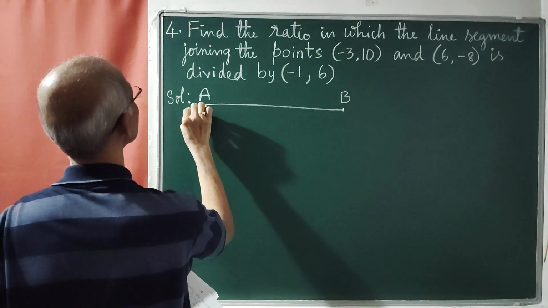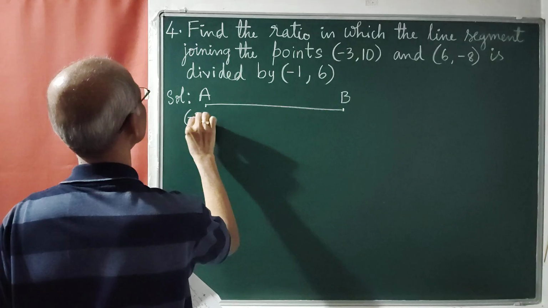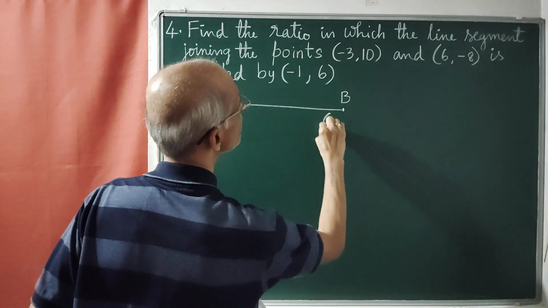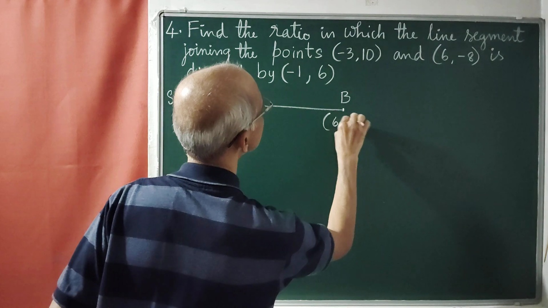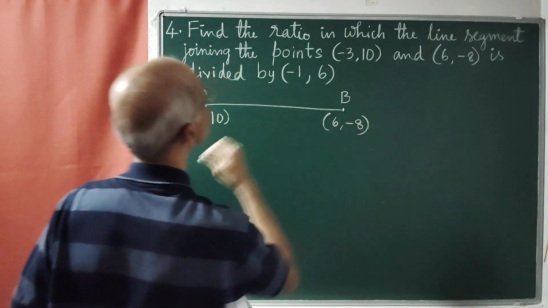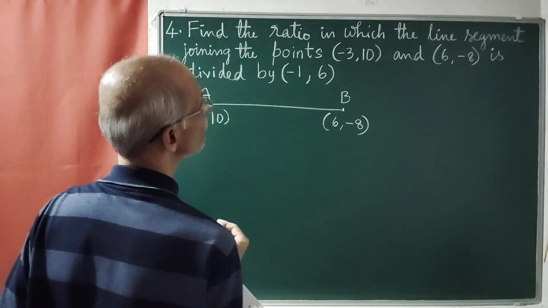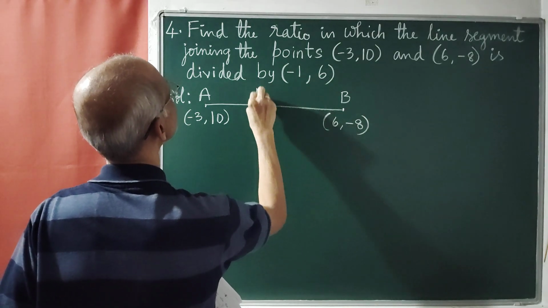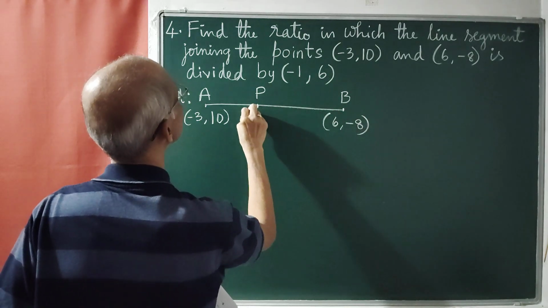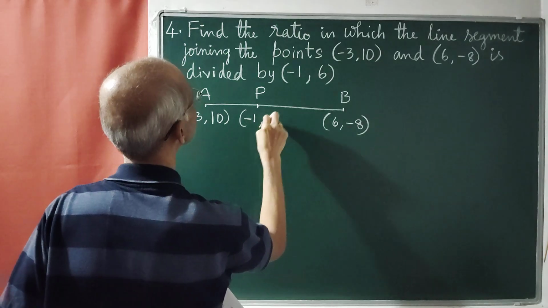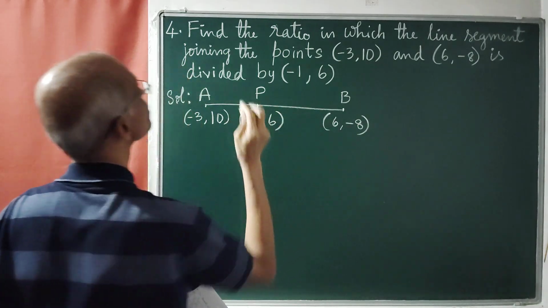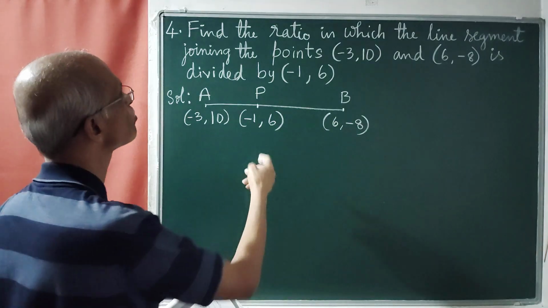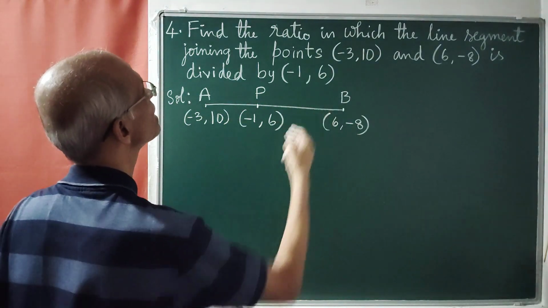The coordinates of A will be -3, 10. B will be 6, -8. Let the point that divides it be P. So -1, 6. Now we have to find out in what ratio does the point P divide AB.